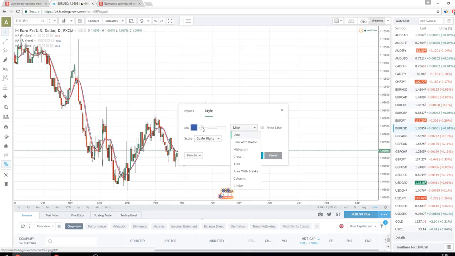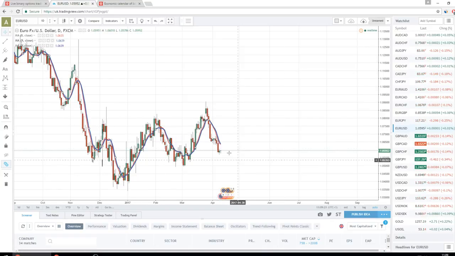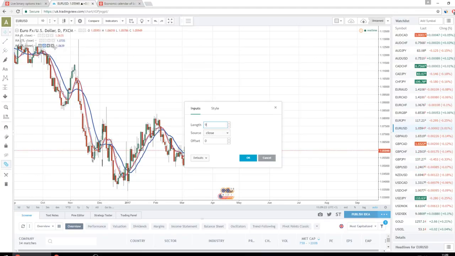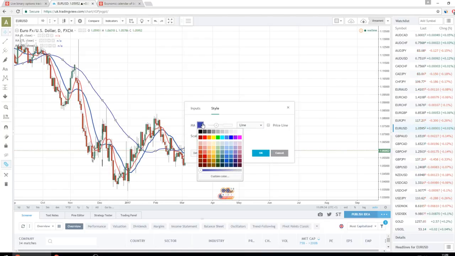Here I'll make a blue one with 15, and the last one, let's put 50 and make it green or violet.